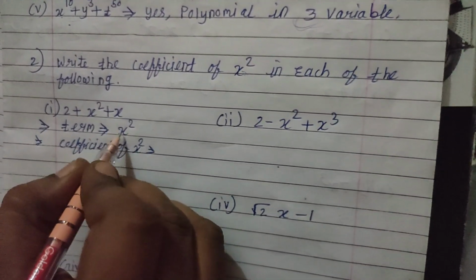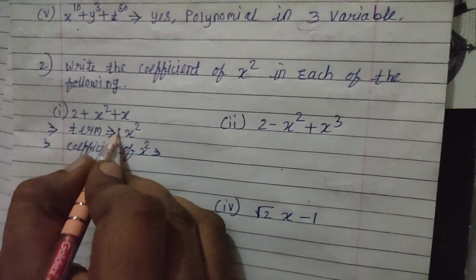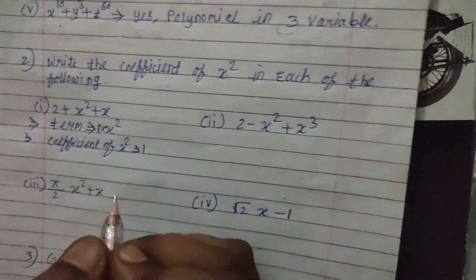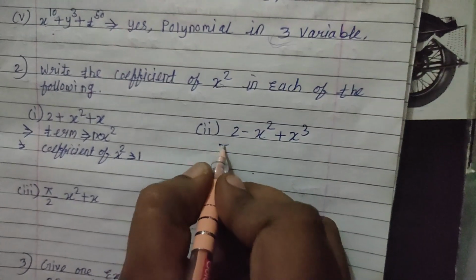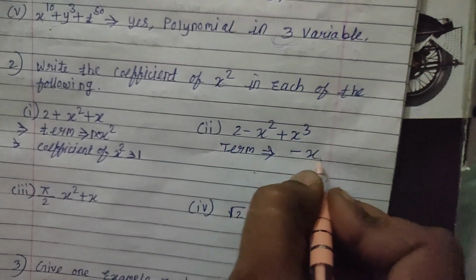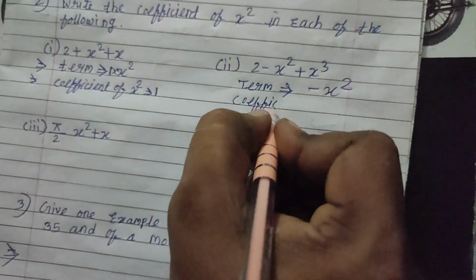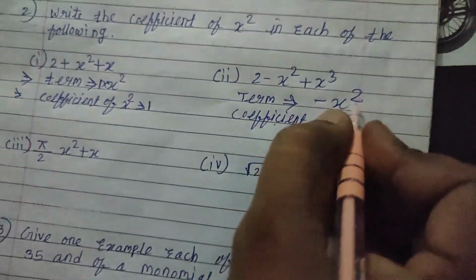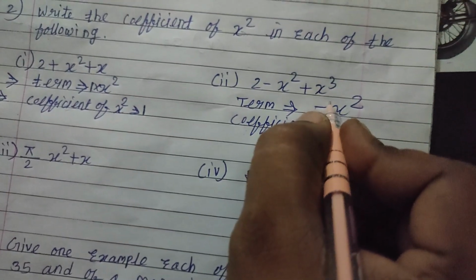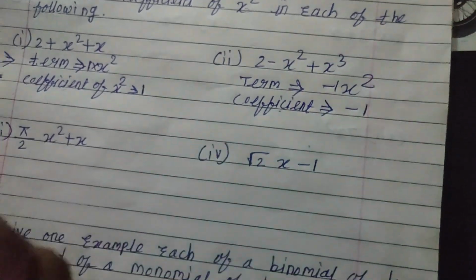If you exclude x square, nothing will be there, but 1 is a factor of every number. That is why the coefficient of x square will be 1. Now here the term containing x square is minus x square. Similarly, excluding x square, what will remain? Minus, and 1 is always a factor, so it will become minus 1. So the coefficient will be minus 1.